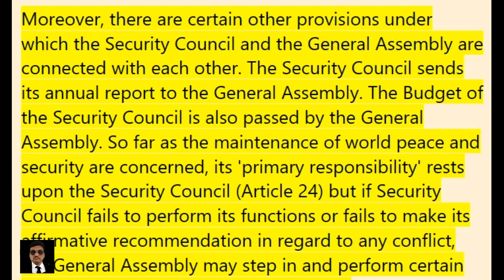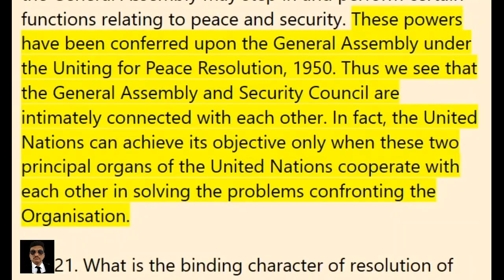Article 24. But if Security Council fails to perform its functions or fails to make its affirmative recommendation in regard to any conflict, the General Assembly may step in and perform certain functions relating to peace and security. These powers have been conferred upon the General Assembly under the Uniting for Peace Resolution 1950.